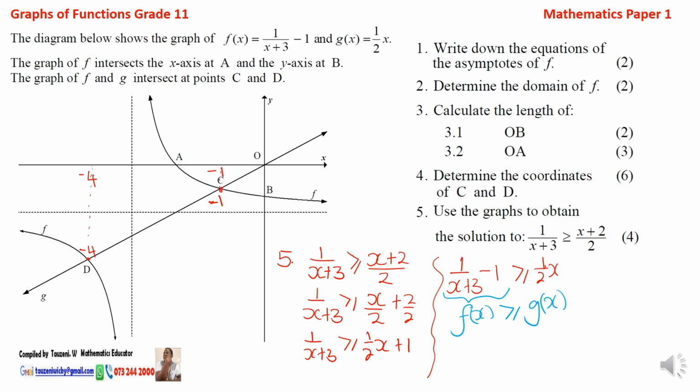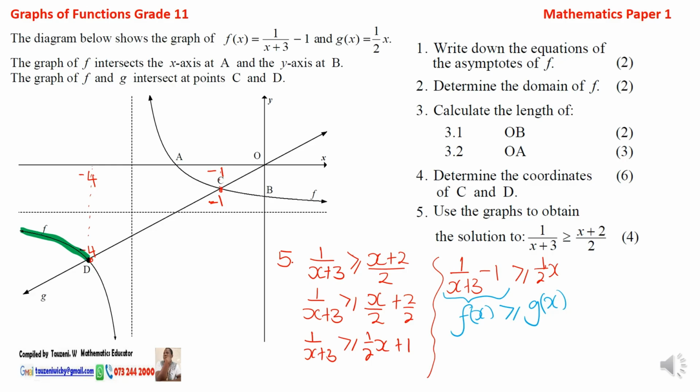At the points where the graphs meet, the graphs are equal. F of x is equal to g of x. But once they cross each other, one graph becomes smaller than the other. So if I say f of x is greater than g of x, I am looking for sections where the graph of f is on top of the graph of g.